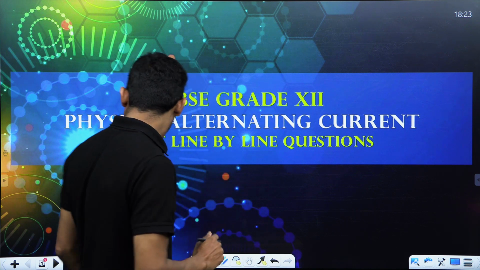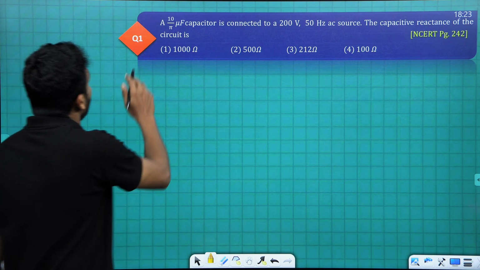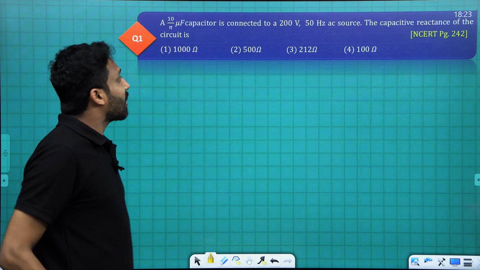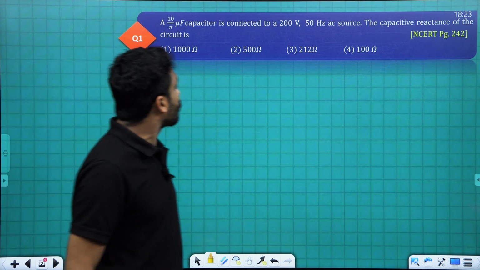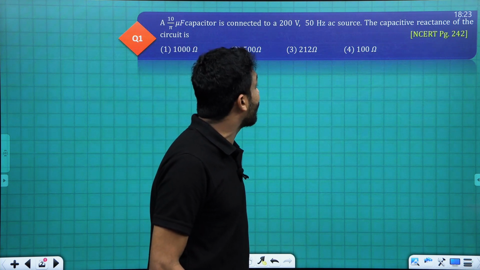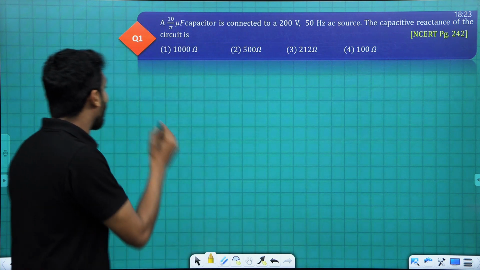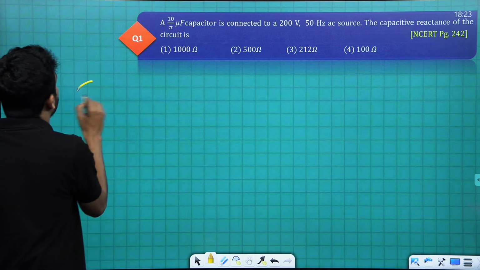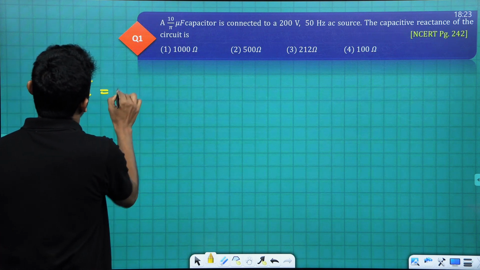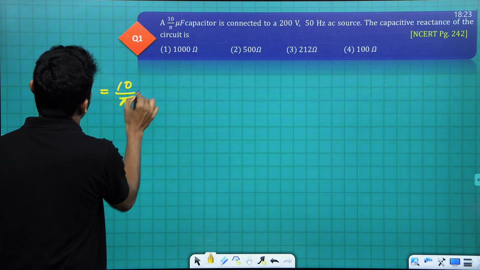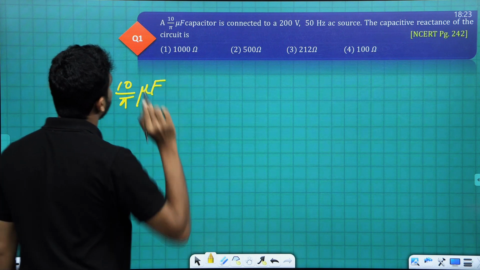The first question is, a 10 by pi microfarad capacitor is connected to a 200 volt, 50 Hz AC source. The capacitance is C equal to 10 by pi microfarad.